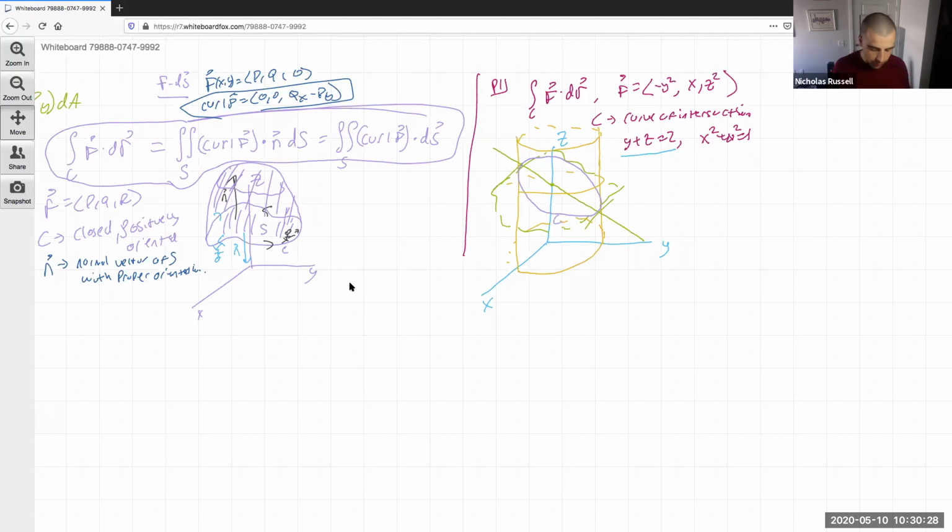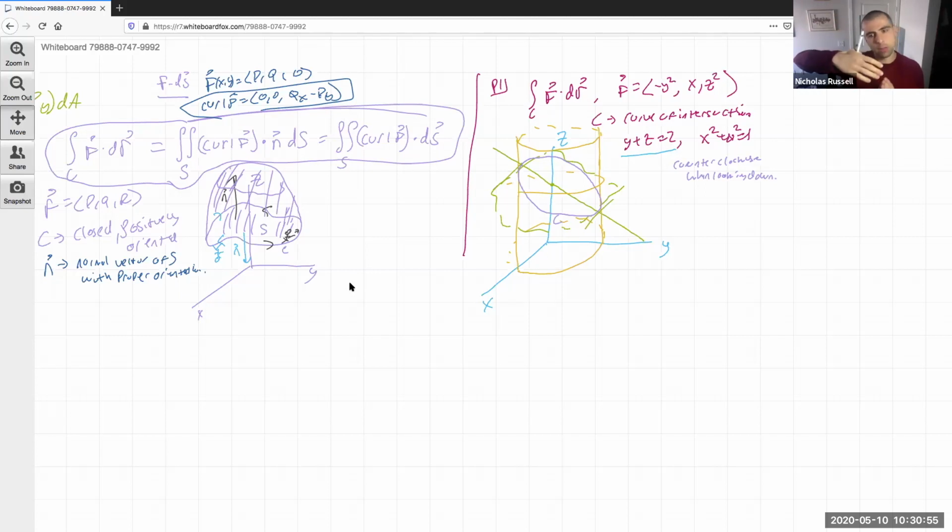And we're told in the problem that this curve moves counterclockwise. Counterclockwise when looking down. So if I look down on it, from a downwards perspective, it's going to be moving counterclockwise, which we think about from the xy plane, right?